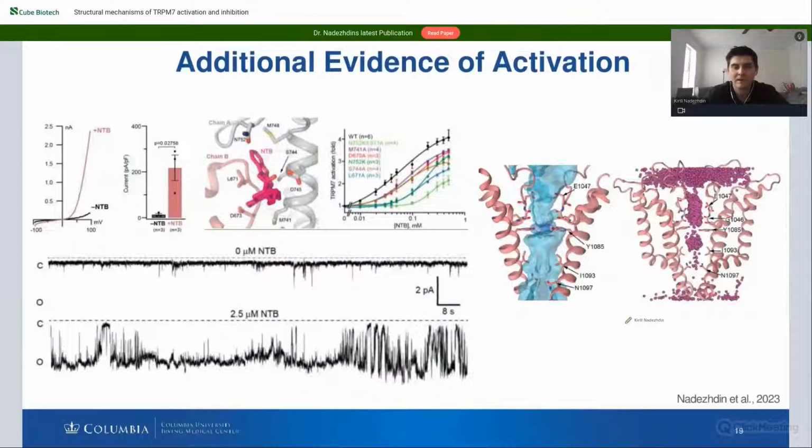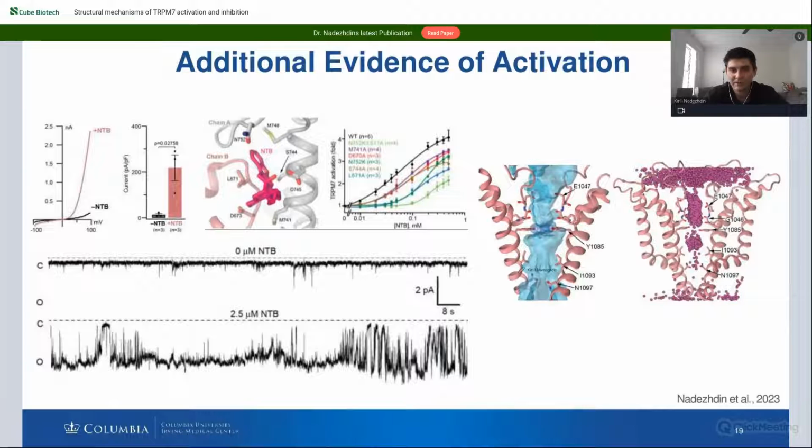And what else? We can see that the pore is wider than in the closed state, but is the channel open? We cannot say this for sure, but we can do molecular dynamics simulations to see whether water and ions can actually pass through the ion channel pore. And they do.